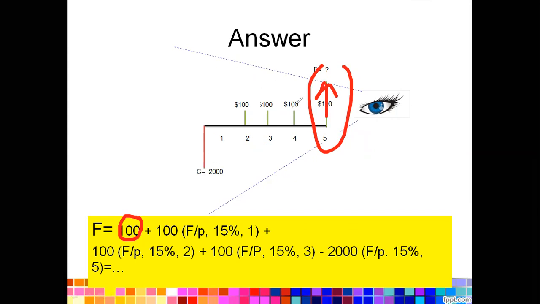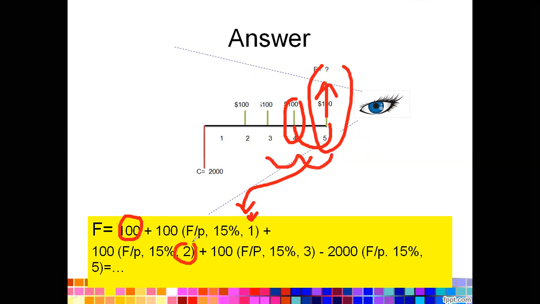And then we add another cash flow, which is 100 in year 4. So F/P 50%, 1. Instead of using 4 as the number, we use 1, because we count the steps like this, 1 step. Then put 1 as the number. Plus, we have the cash flow for earnings in year 3, 100 F/P 50%, and for the steps, just count 1, 2.